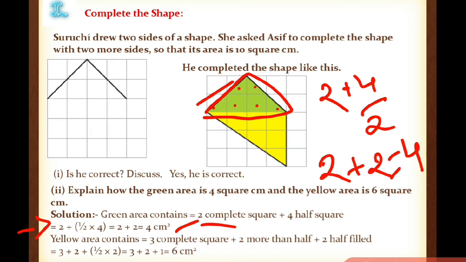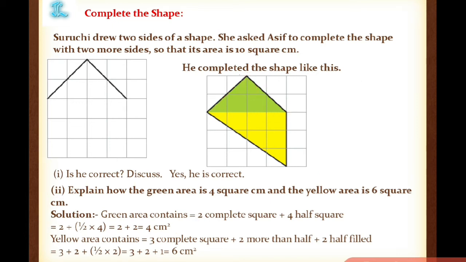Yes. Now we will go to the yellow area. Yellow area contains, first see how many complete squares are there. 1, 2, 3. How many complete squares are there? 3. So, 3 into 1, 3. Plus, now next, this is more than half. Okay, now this is also more than half. So how many more than halves are there? 2. So that is 2 into 1, 2.